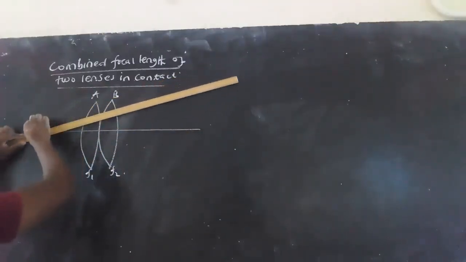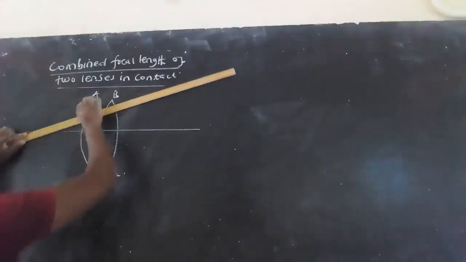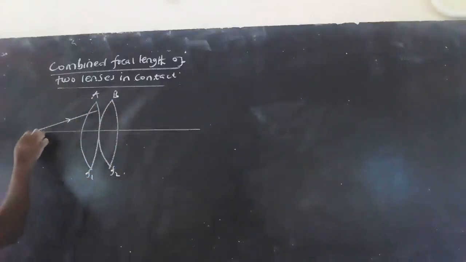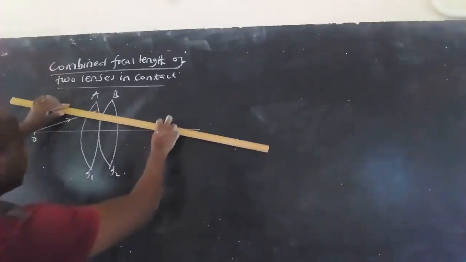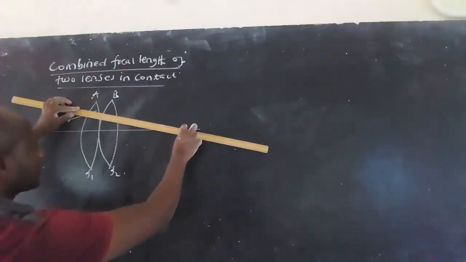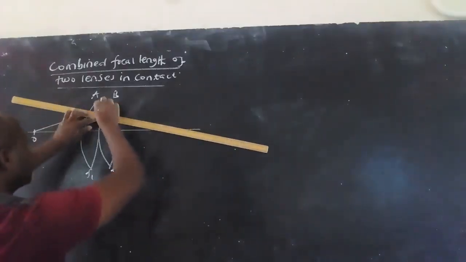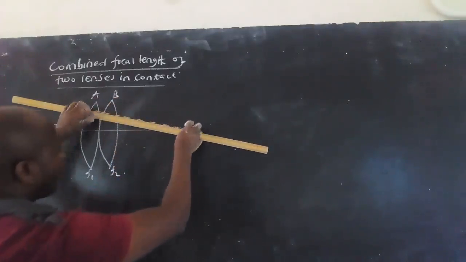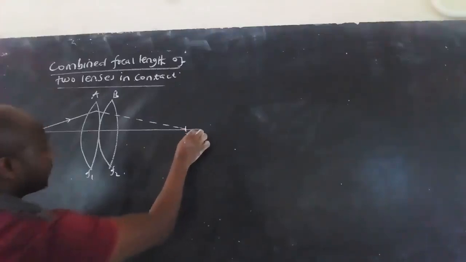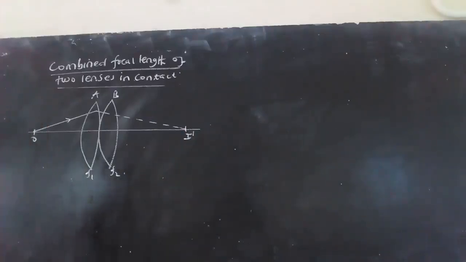Then an object. We know that this object is for A. So A forms an image here, but it worked as a virtual object for B.